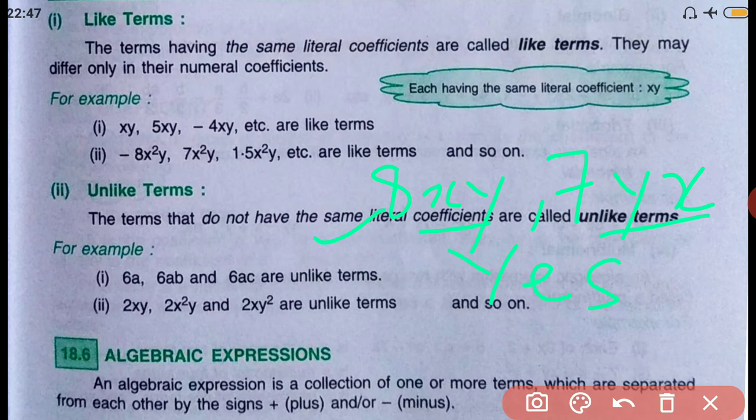The sequence does not matter. I hope you are understanding like terms. But if I put a square here and a square with y there, will they become like terms? No, they will not become like terms. I hope you understood like terms.